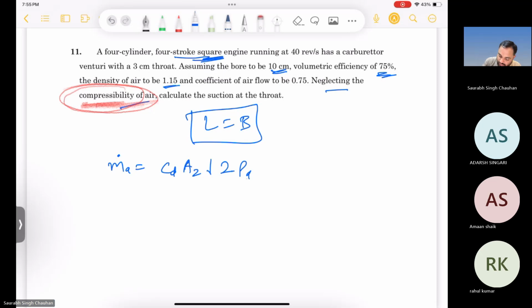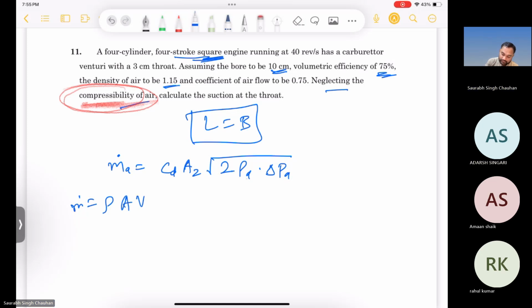2 rho A into delta P. So this is fine. This comes from Bernoulli equation. Hello? Yes, sir. Mass flow rate is density times area times velocity, right?